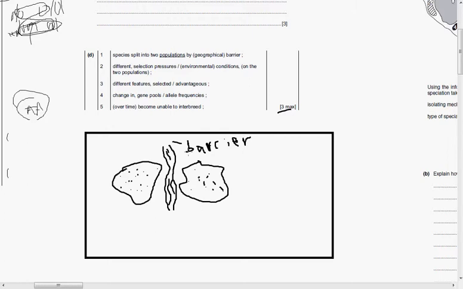Polar bears and the other normal bears: when they moved to the polar region, only the ones with the most fur developed survived, and the other ones died. So they had to get adapted to the new conditions.